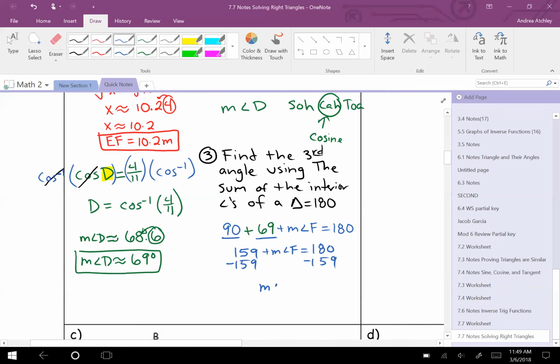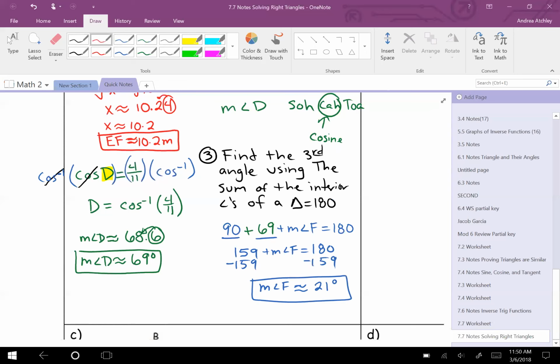And we get the measure of angle F is about 21 degrees. Any questions over that? Okay, so I found all my missing pieces. Now I have all the sides and all the angles. Any questions?